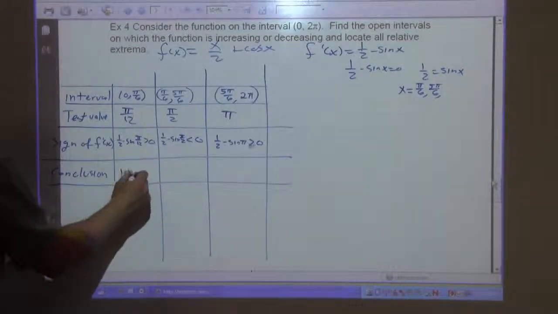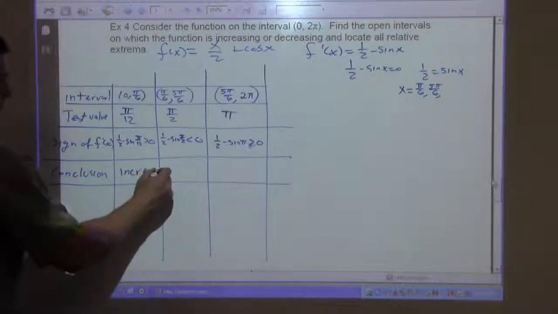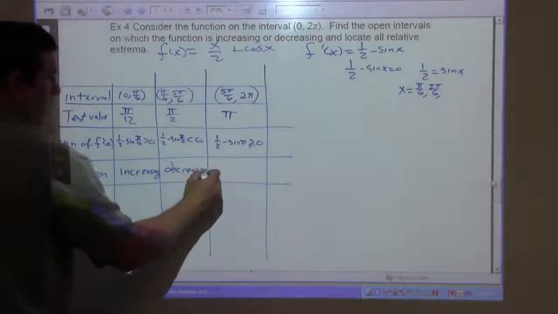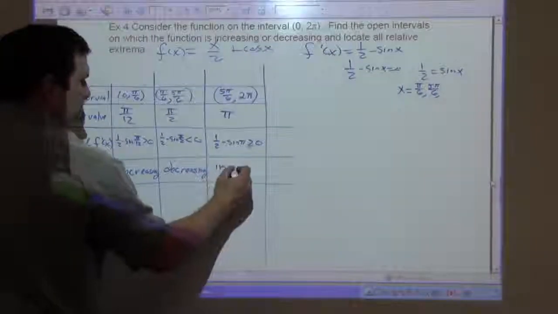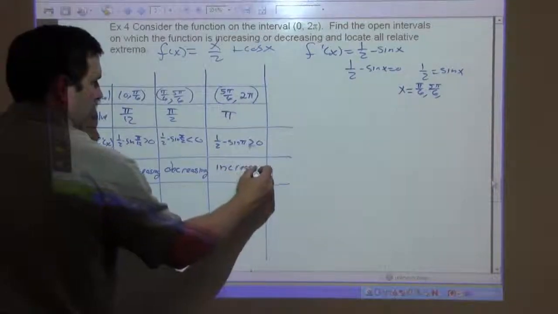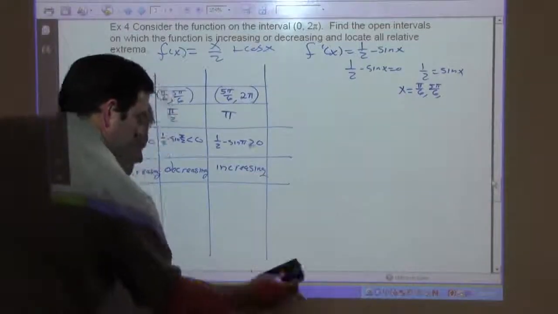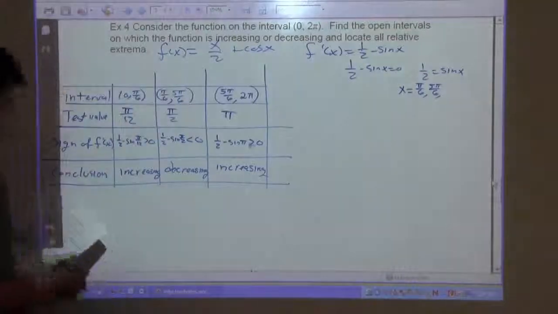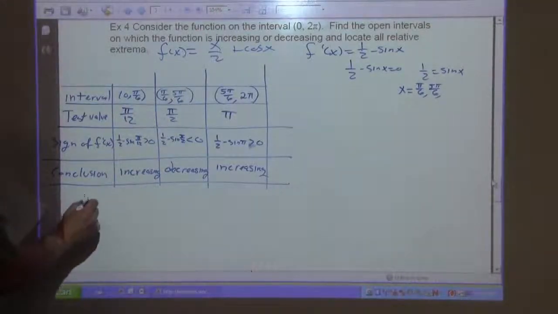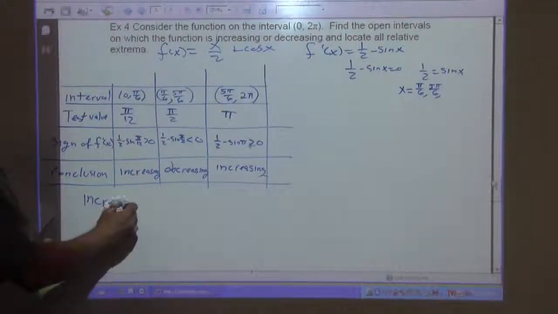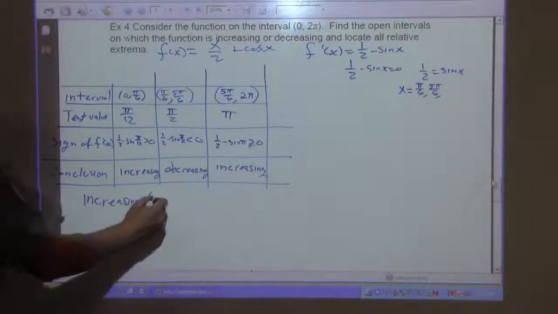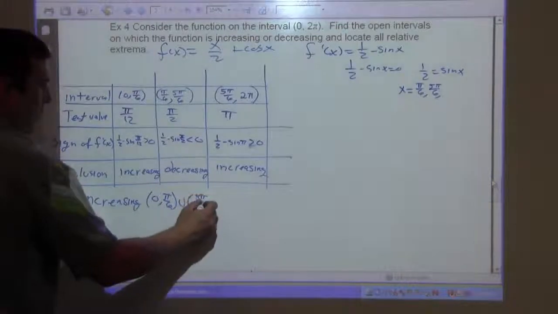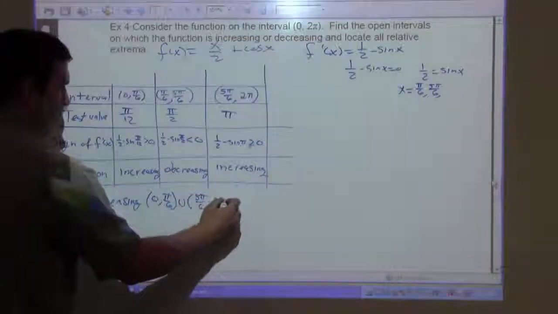being positive means it's increasing. Being negative means it's decreasing. Being positive means it's increasing. So it's increasing on the interval from 0 to pi over 6 and the interval from 5 pi over 6 to 2 pi.